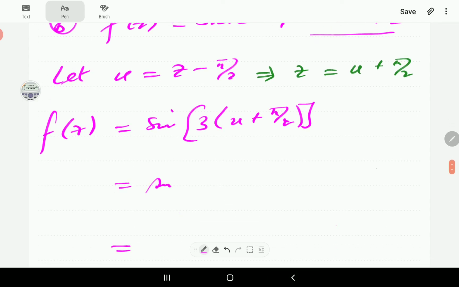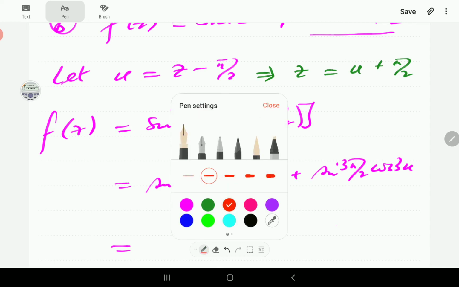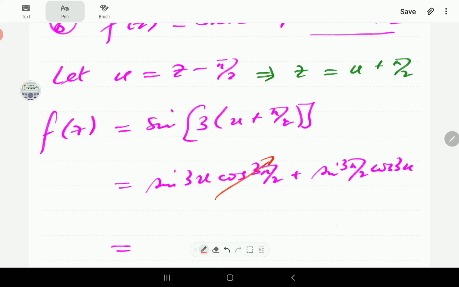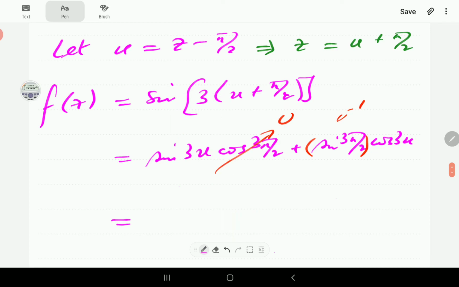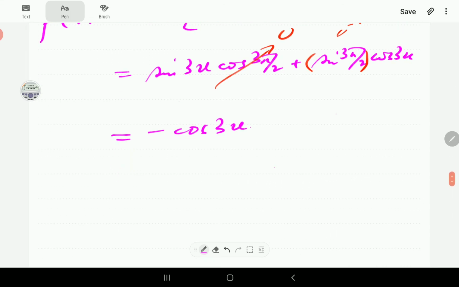And so this is going to be sine 3u cosine 3 pi on 2 plus sine 3 pi on 2 cosine 3u. Okay, and then as before, cosine 3 pi on 2 is 0, and sine 3 pi on 2 is equal to -1. So this thing is simply equal to the negative of cosine 3u.